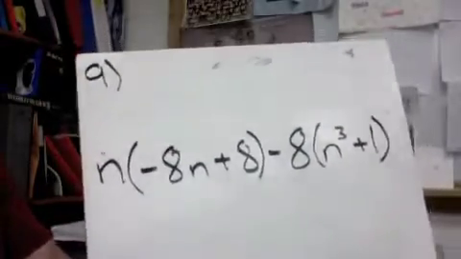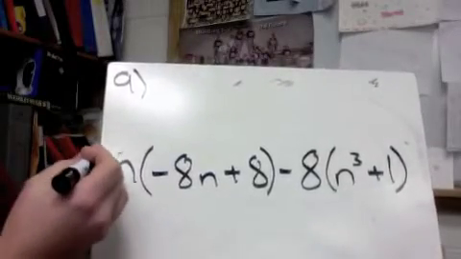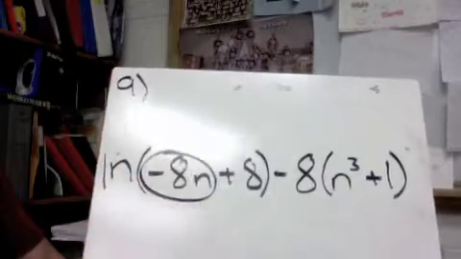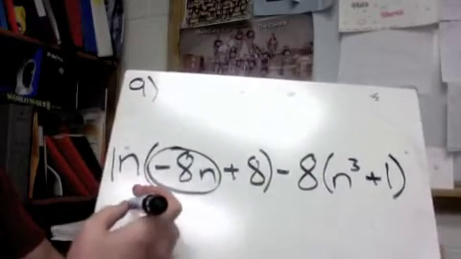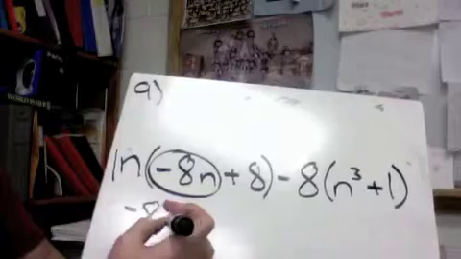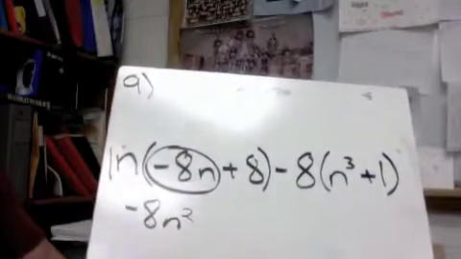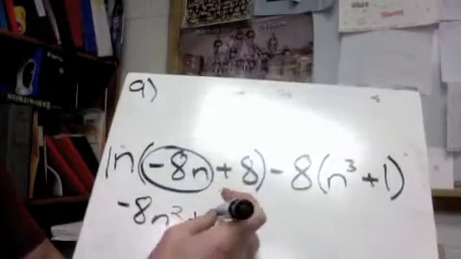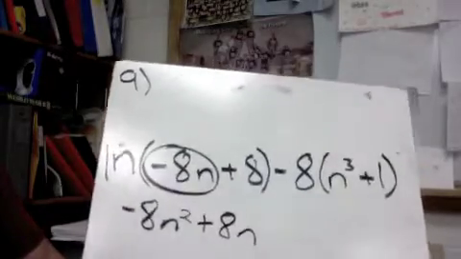For number 9, we can put the 1 in front of the n if you like to do it that way, and then we just have to do 1n times negative 8n, which is going to be negative 8n to the second power. Just 1n times 8 is going to be positive 8n.